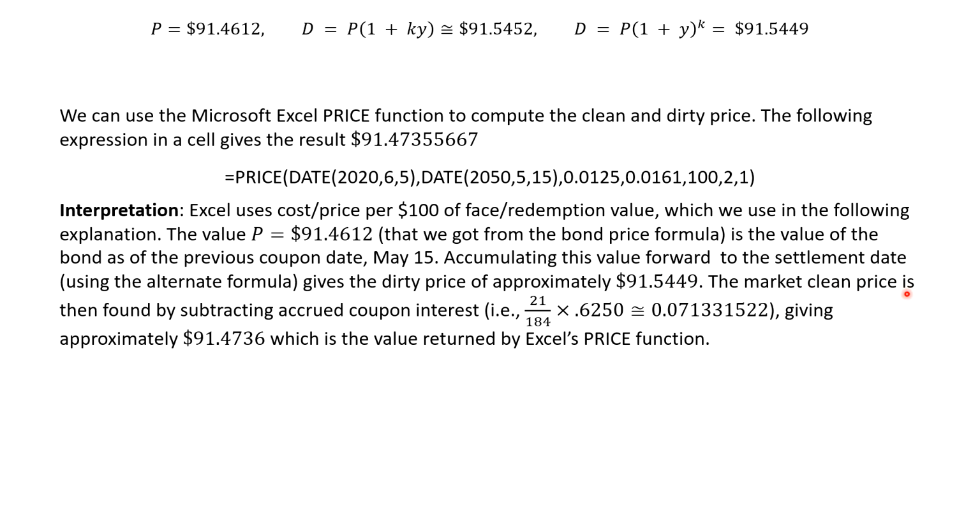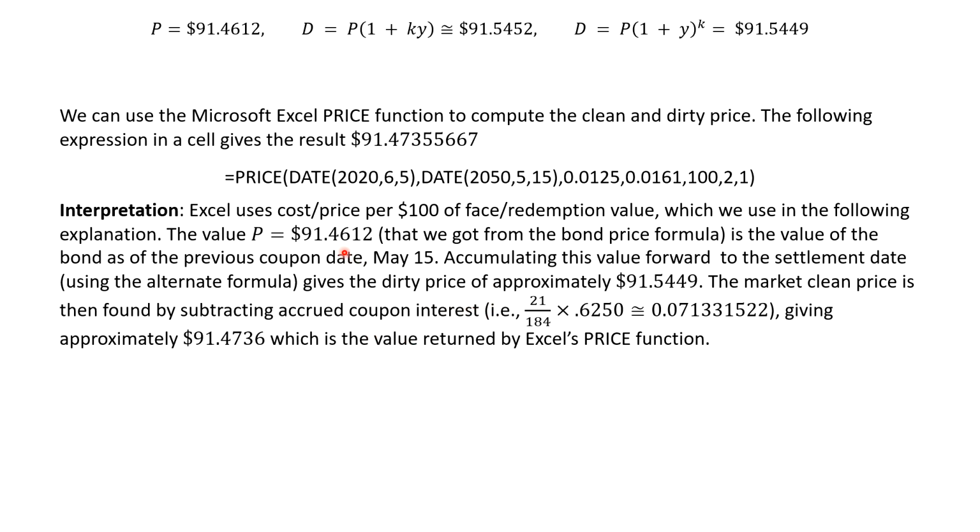The market clean price is then found by subtracting accrued coupon interest. So we take 21 over 184. Again, we normalize this per $100 of face value. We get this number here. Then we subtract that from this number here, and lo and behold, we get $91.4736.